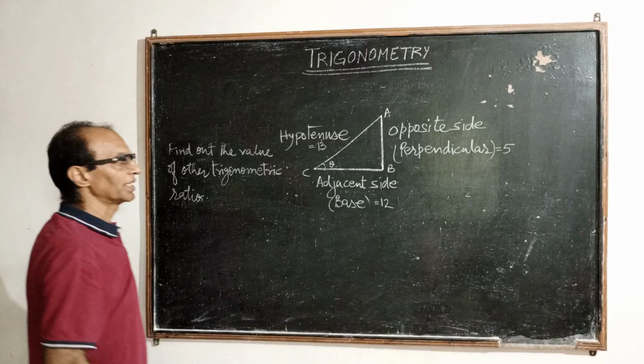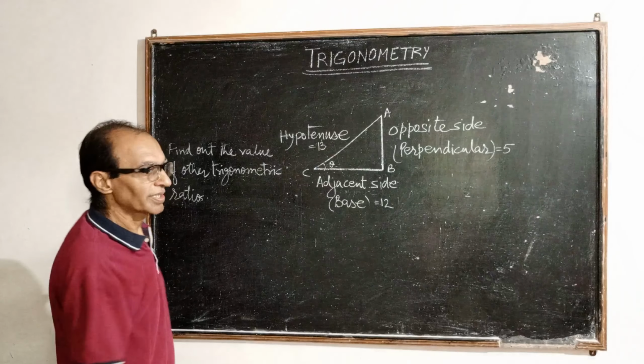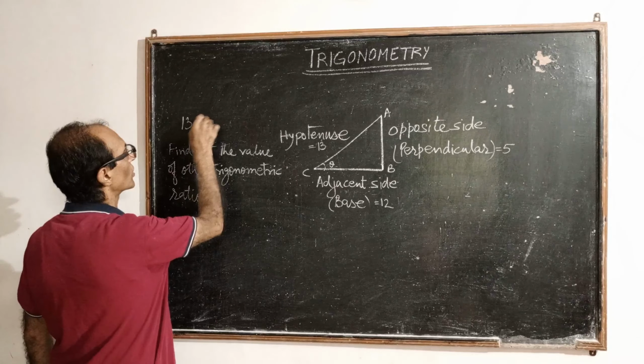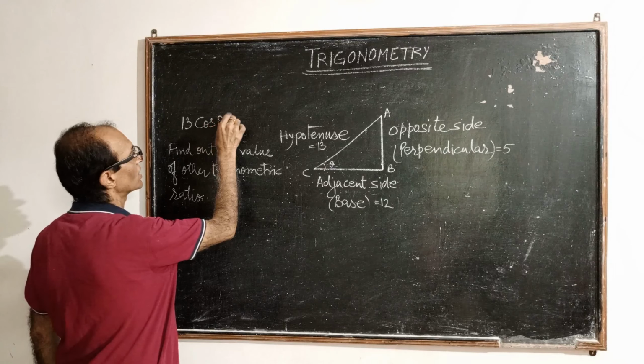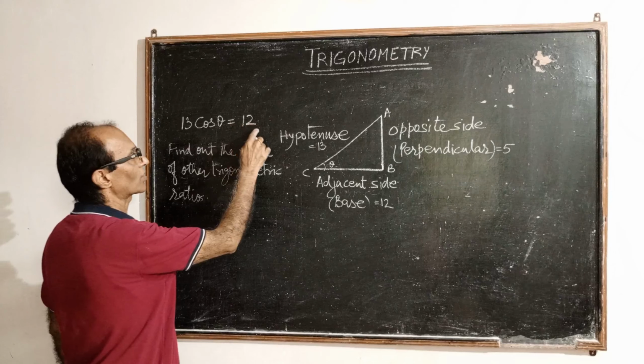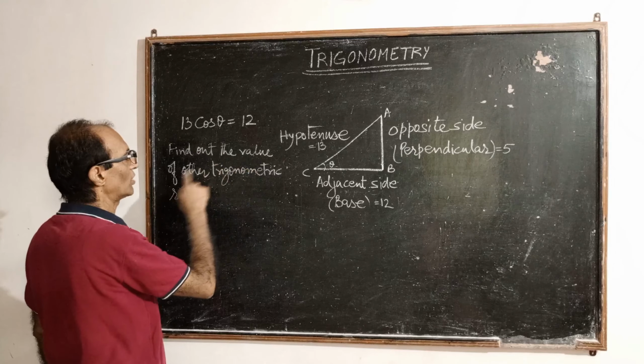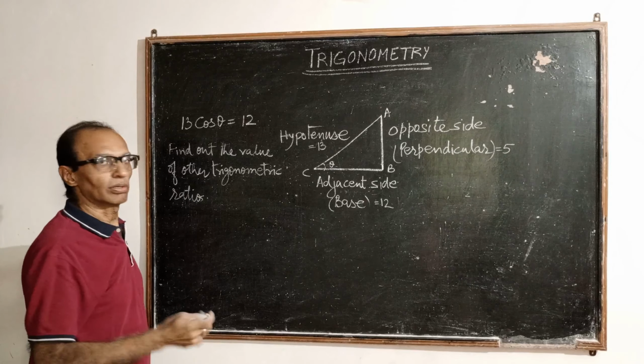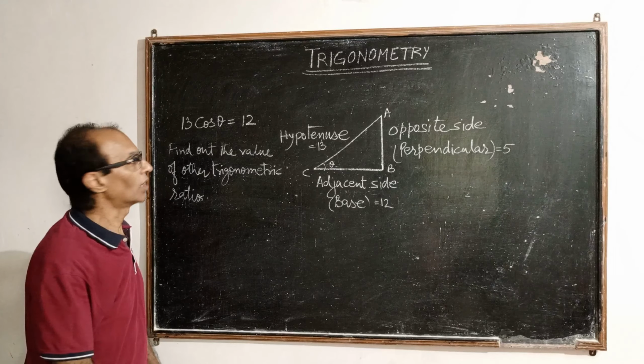Another type of question that can be asked is: 13 cos theta equal to 12. Find out the value of other trigonometric ratios. Now you have to work it out.